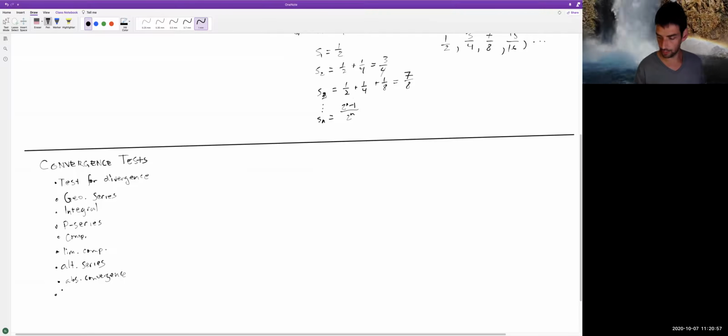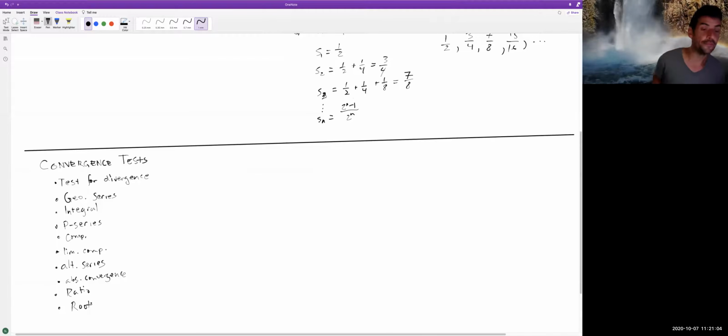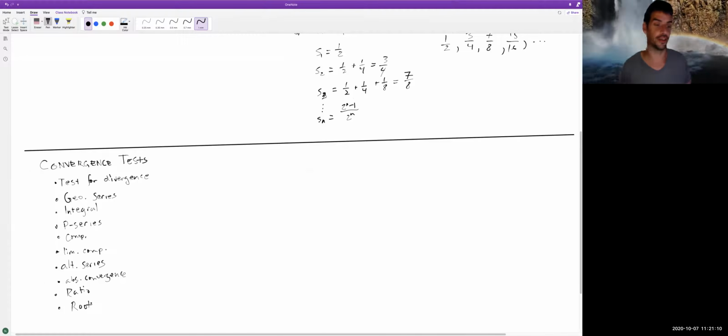We've got the root and the ratio test. I think that's all of them. Okay, so I'm not going to go through the details of each of these tests. I have individual videos, examples with all of these, and some notes on them.